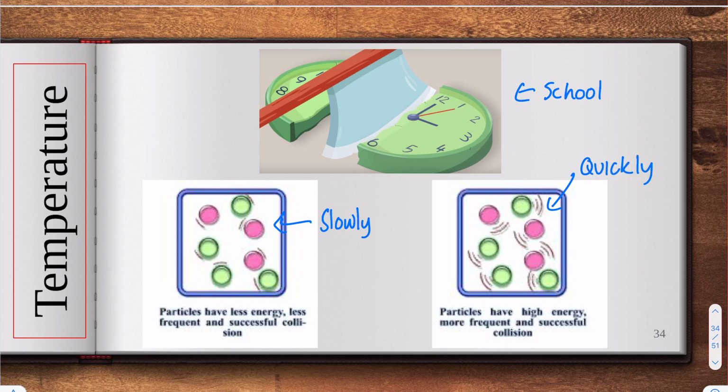The reason why they're moving quickly is because I've given them lots of energy in the form of heat. They're vibrating more. They're starting to race around the reaction vessel or the beaker. And so when they collide, they're going to have high energy, but they're also going to collide more frequently. So it's always a 2-mark question when you're talking about temperature.